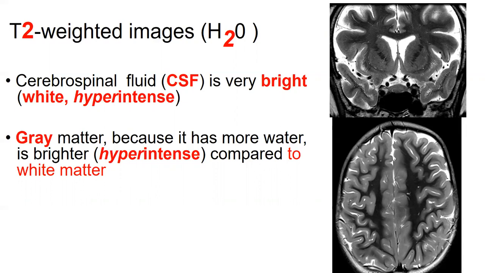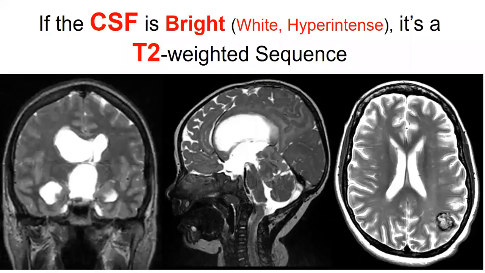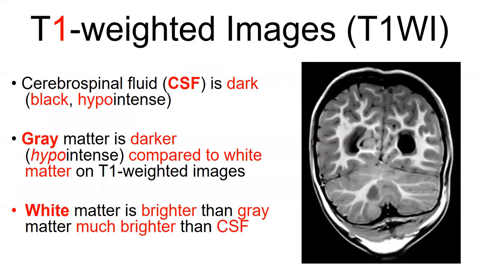Then when you compare the gray cortical ribbon with the subjacent white matter, the cortical ribbon is brighter, hyperintense to the underlying white matter. This has to be a T2 sequence. All right, so if the CSF is bright in the ventricles or in the subarachnoid space, it's a T2 weighted sequence or one of the T2 weighted sequence flavors, such as gradient echo, etc.